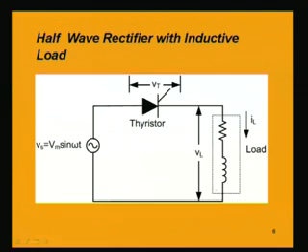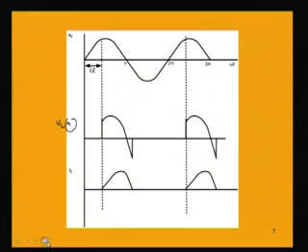So, that is why even after the thyristor stops conducting after pi, from alpha to pi it will be conducting, but after pi also, if we project this point, there will be a current flow due to which there will be a voltage available across the load, and that voltage is equal to the input voltage.